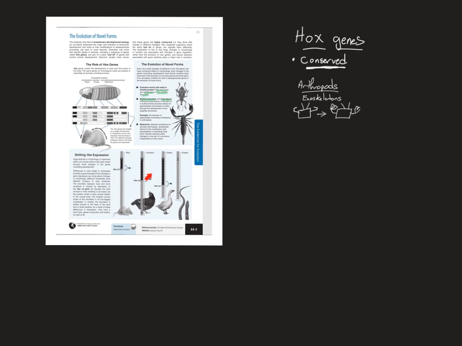Having that redundancy, having that modularity, having it separated into sections like head, thorax, and abdomen, have allowed vertebrates to evolve a large variety of organisms, of structures and body plans based on the same basic concept, which is there's a backbone, there's a brain, there's a backbone.